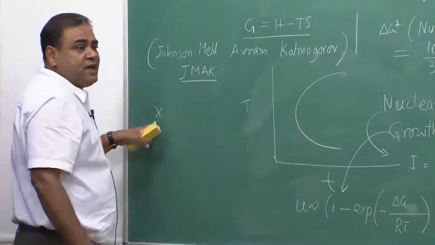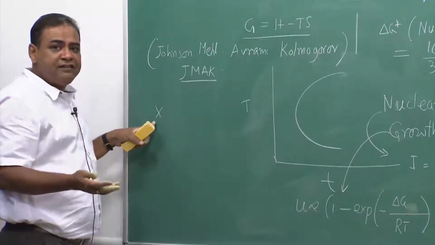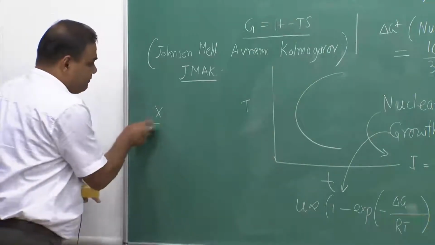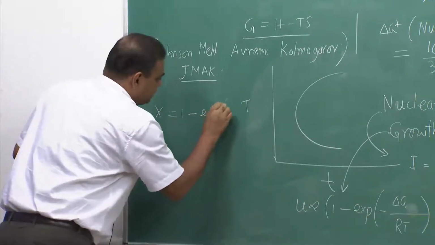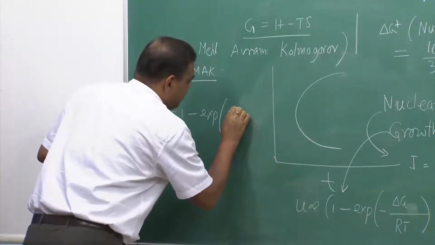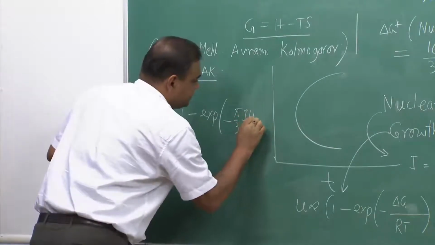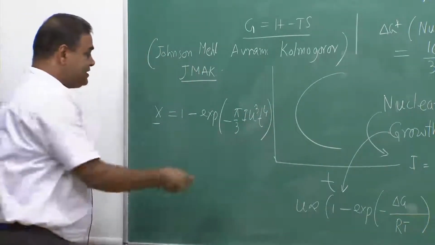That means, when the product phase appears in the parent phase, the fraction of that product phase is given by X equals 1 minus exponential of minus π/3 I u³ t⁴. So, this is the expression.